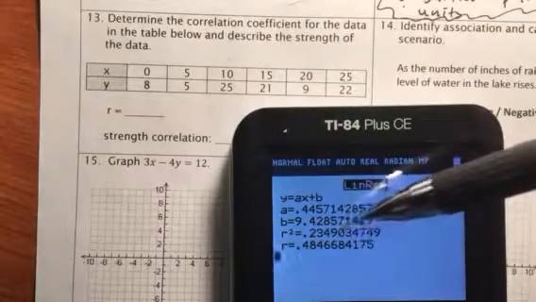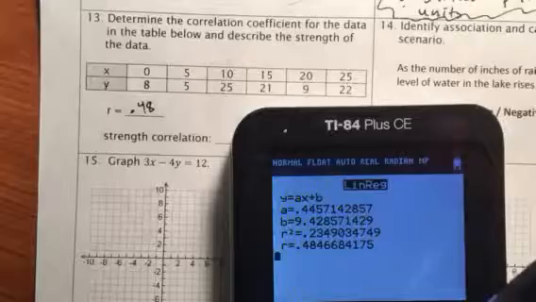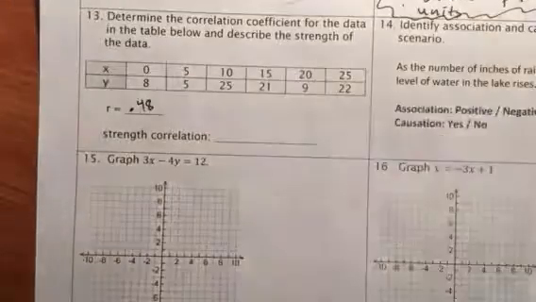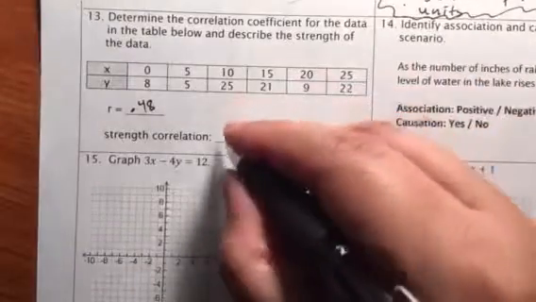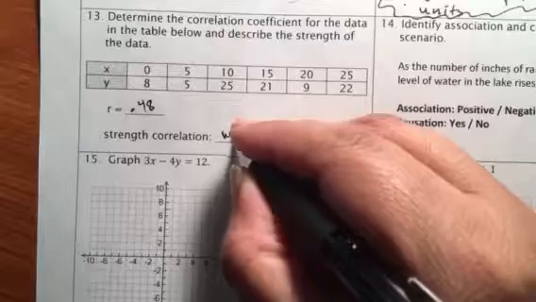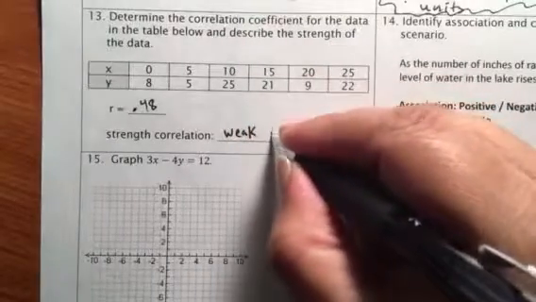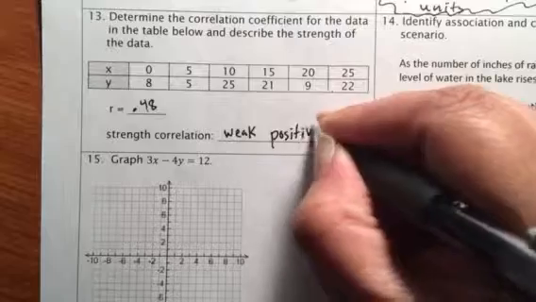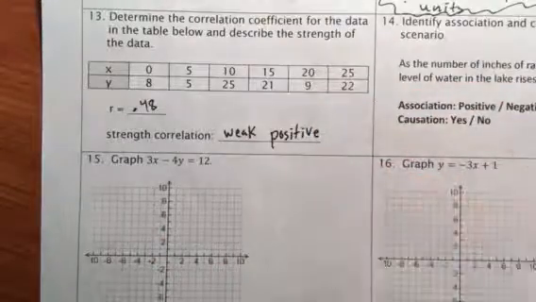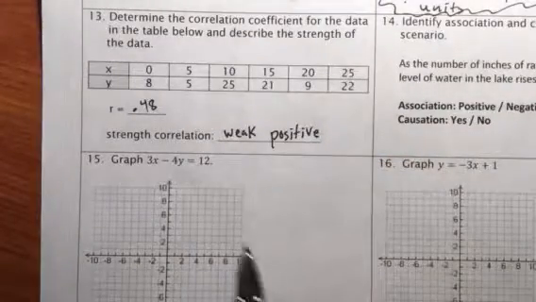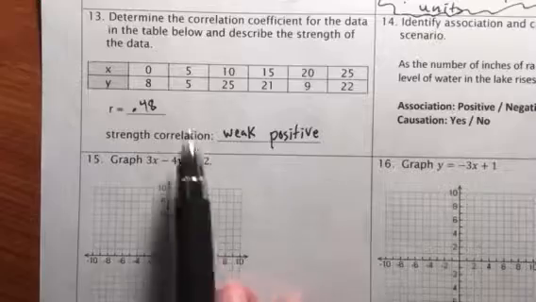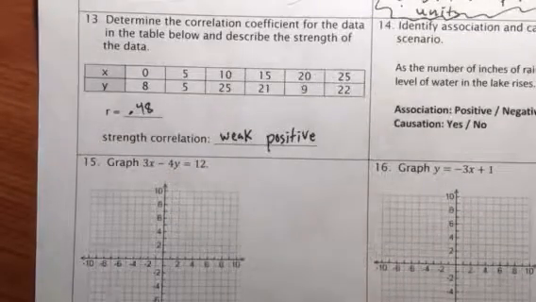So if you look, this is 0.48. Okay, so we know that it's positive, and if you'll remember, there was a quarter sheet that I gave y'all. This should tell you that it's a weak positive. And the reason why it's weak, earlier I told you 0.98 was close to 1, while 0.48 is further than 1, and that's why we call it a weak positive. Still positive, but it's a weak positive.